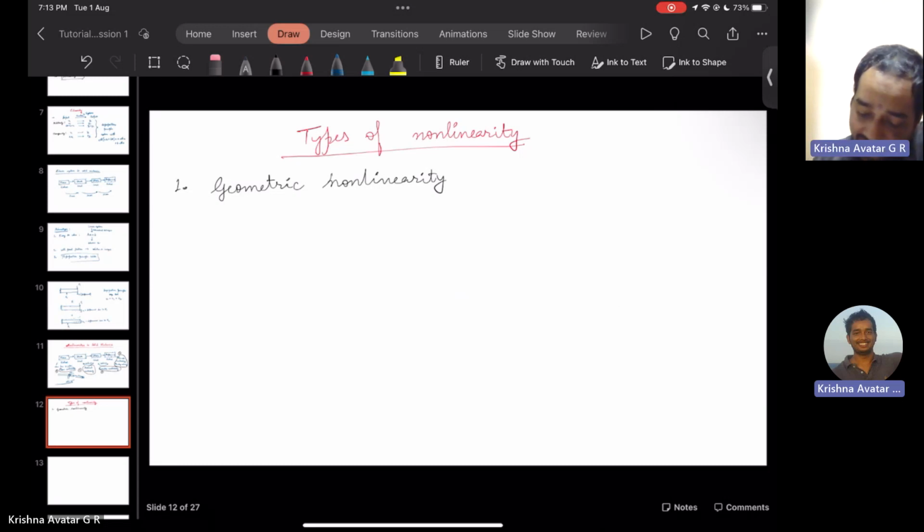So essentially, what it says is that there is a nonlinear strain displacement relation.